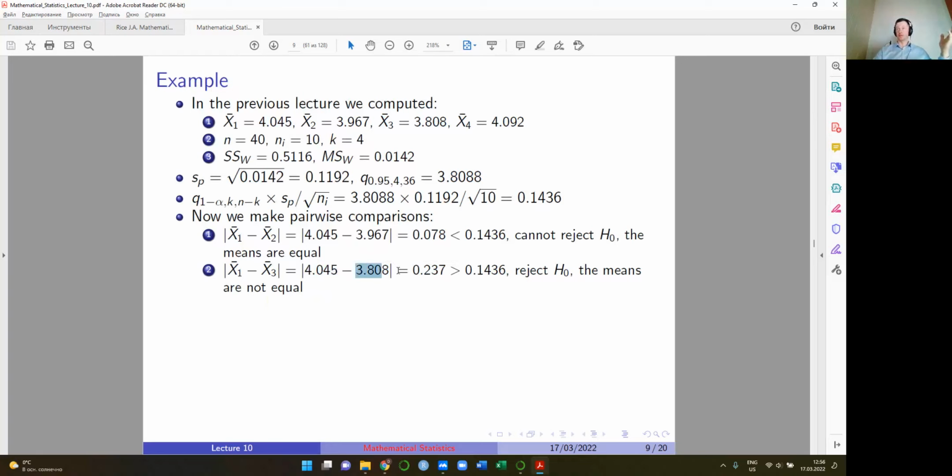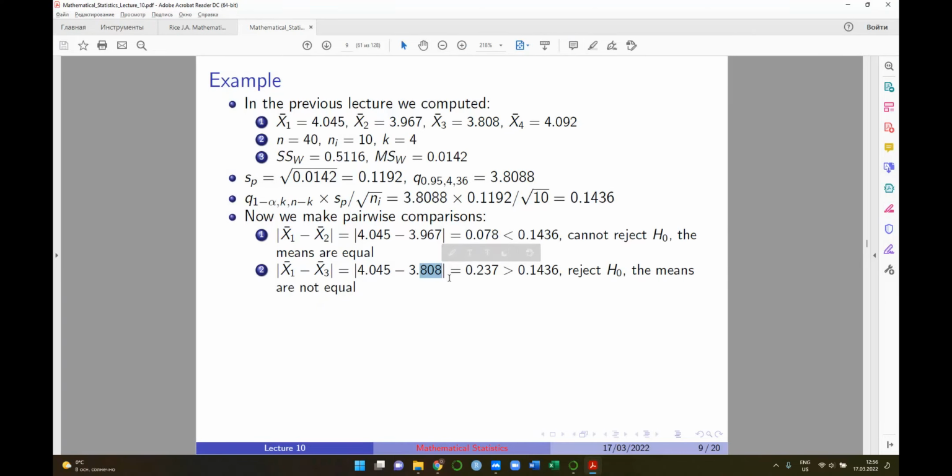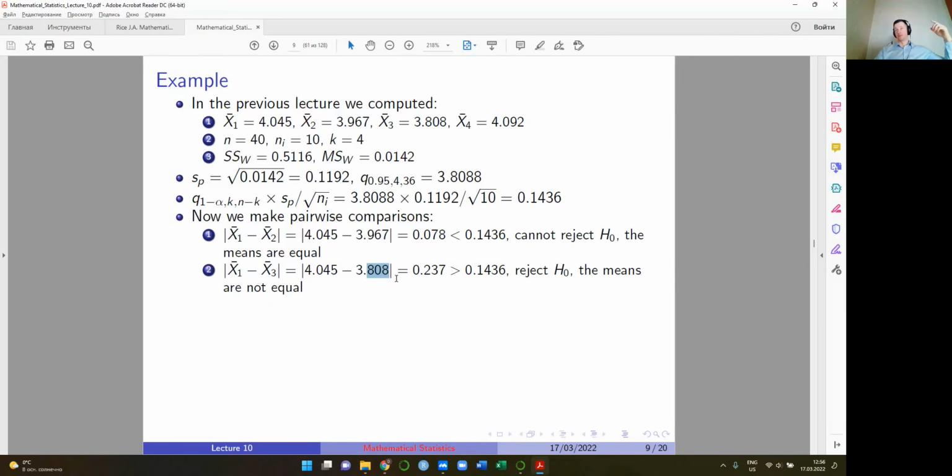Why? Because you rejected their equality, and when you rejected their equality, it is not possible that the population mean of the third well can be greater than the population mean of the first well, because in this case the random sample means can coincide.